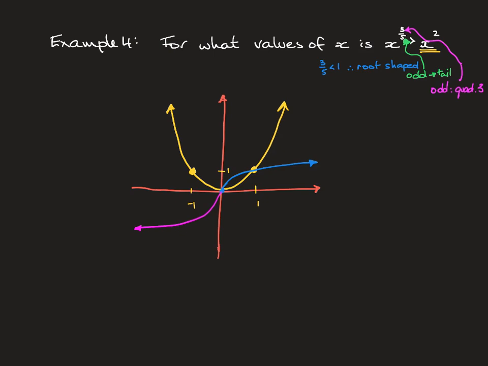And so our values for which our blue function is above our yellow function is just this little section of the graph here. And so our answer is that x is an element of the open interval (0, 1), or 0 is less than x is less than 1.